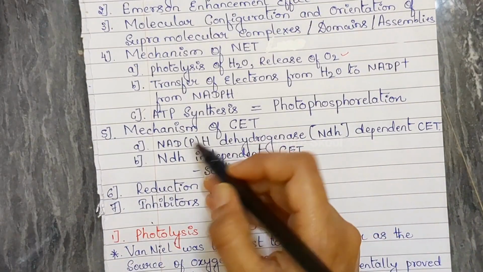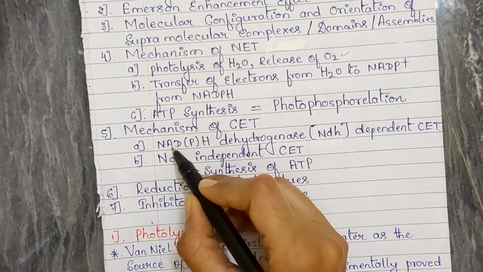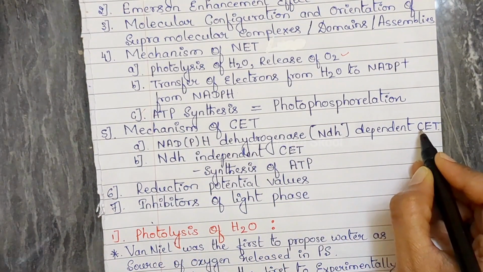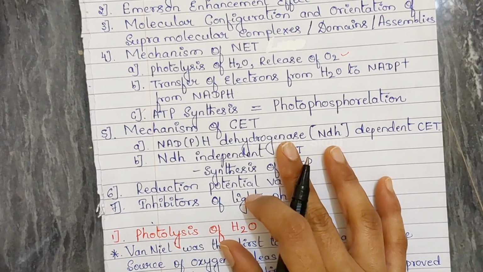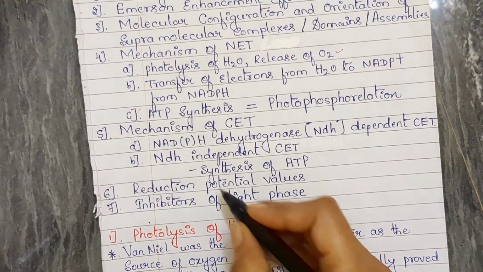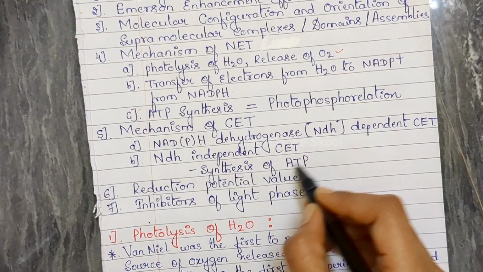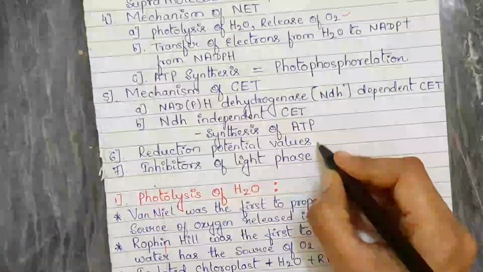Moving on to the fifth one, the mechanism of cyclic electron transport, where NADPH dehydrogenase enzyme dependent cyclic electron transport is something we are going to study. And the next one, NADH independent CET, where there is a synthesis of ATP in this process. The next one, reduction of potential values.